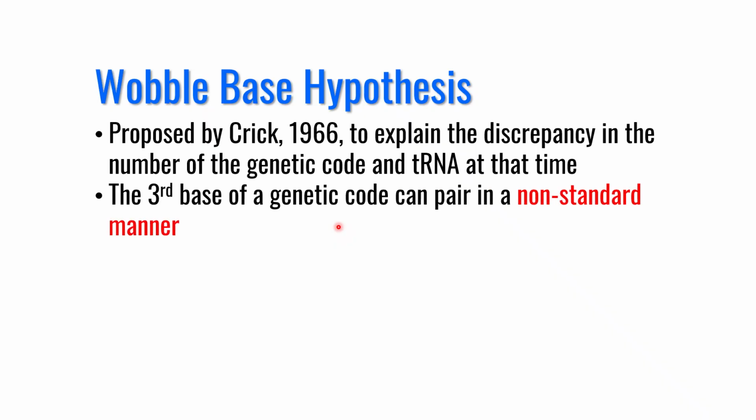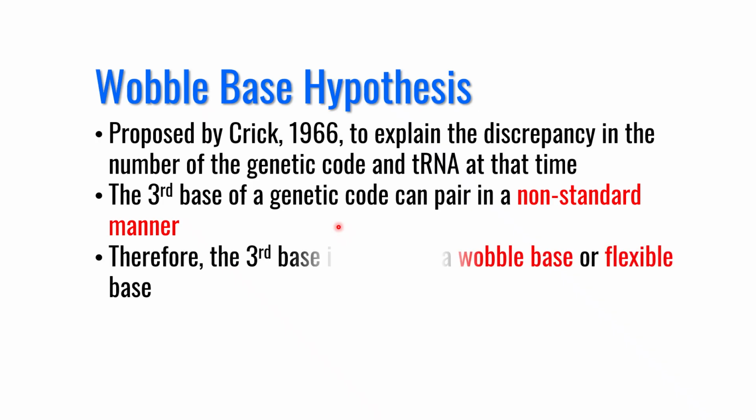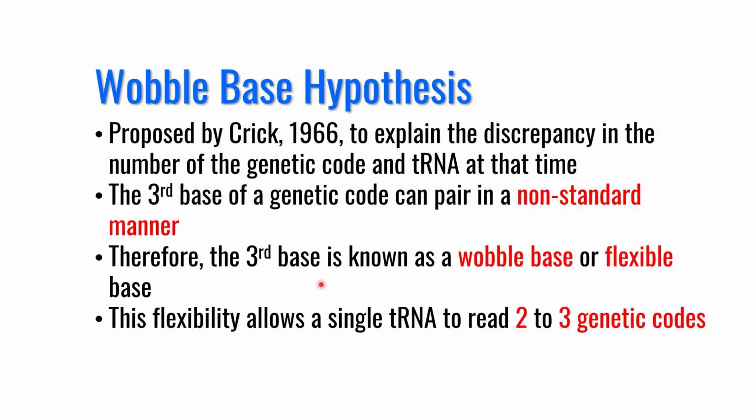According to this hypothesis, the third base of genetic code can pair in a non-standard manner, meaning it can violate the basic rule of base pairing. Therefore, the third base is known as flexible or wobble base. This flexibility allows a single tRNA to read 2 to 3 genetic codes.